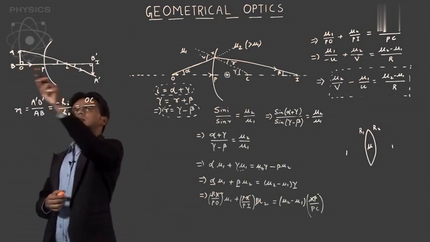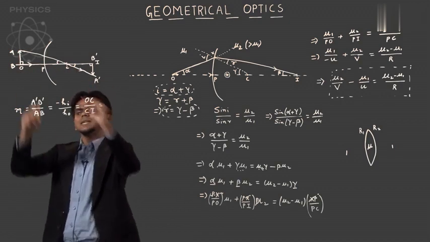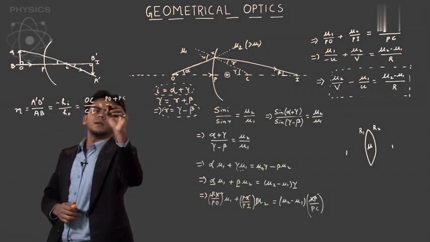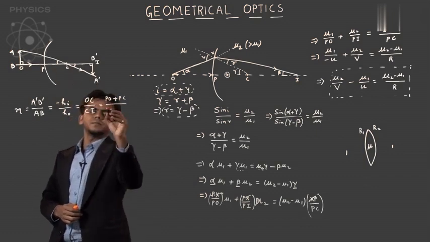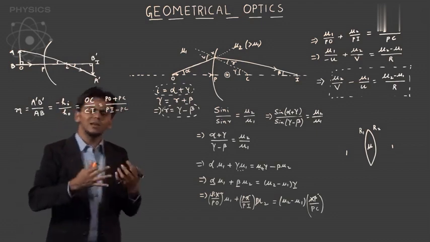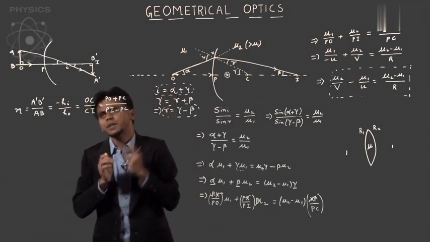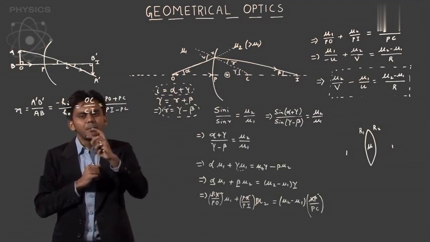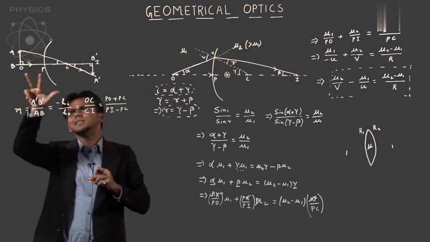This is OC and this is CI. What is OC? OC is PO plus PC, and your CI value is PI minus PC. PO, PI, PC are all magnitudes, so they would be inherently positive, right? If they are inherently positive, I'll have to substitute U, V and R by accounting that positive negative thing with sign convention.